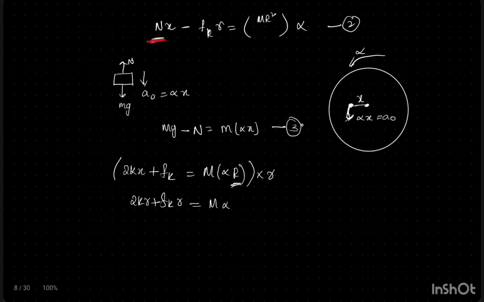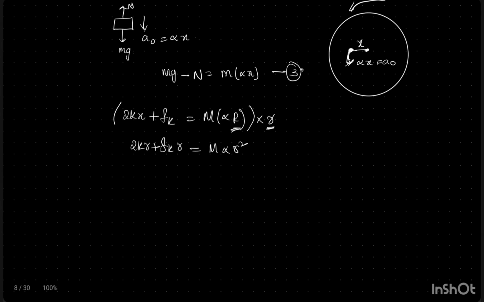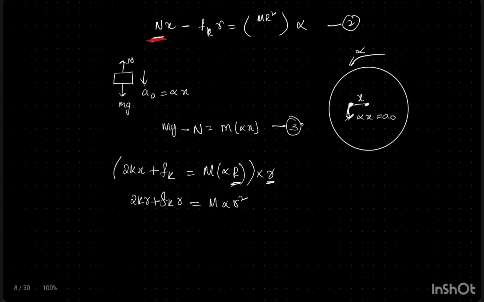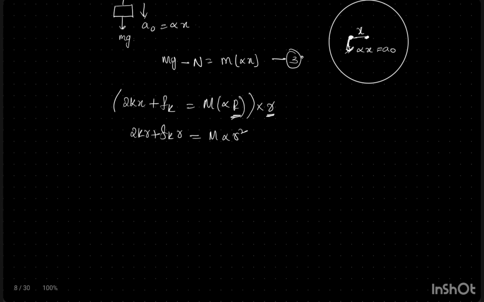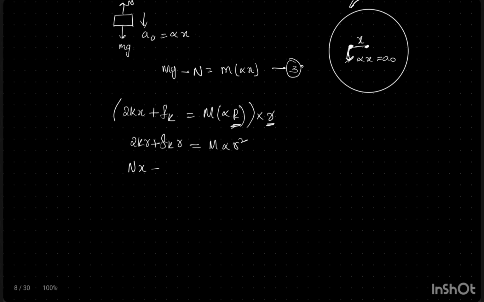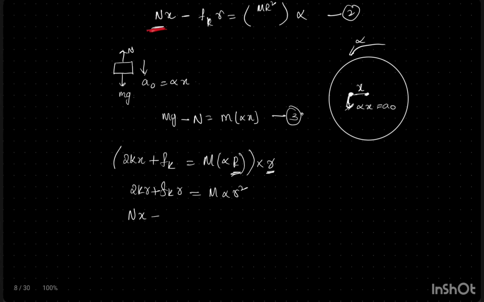I told it small m and capital M at that case, so let's go with small m r square, because that's what they gave in the question. Now let's add it with the equation 2: N into x minus fk into r equal to m r square alpha.